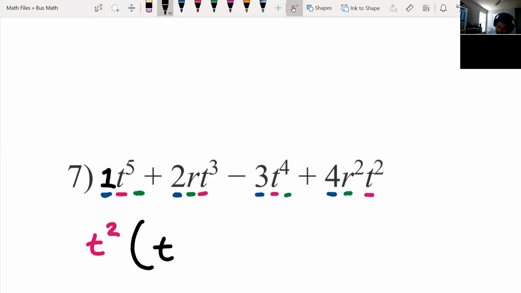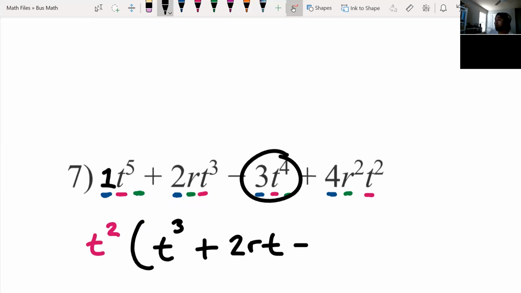T cubed. Plus t squared from 2rt cubed, what are we left with? 2rt.